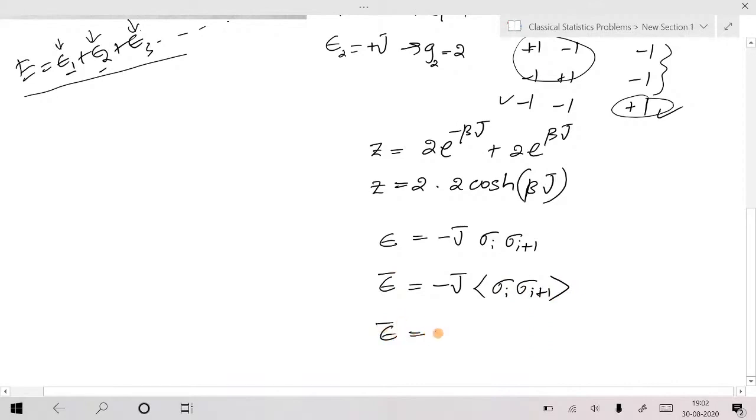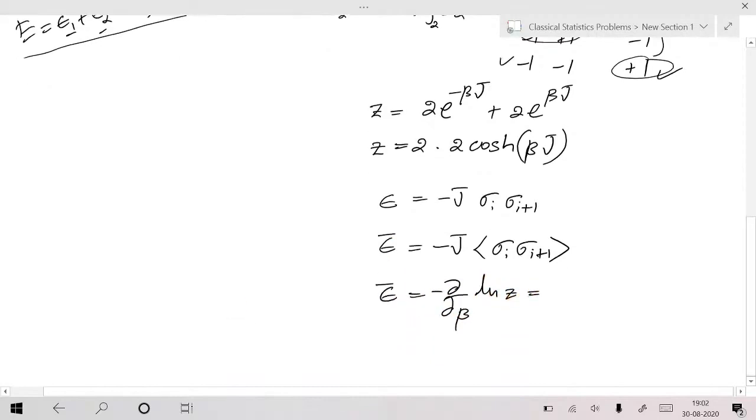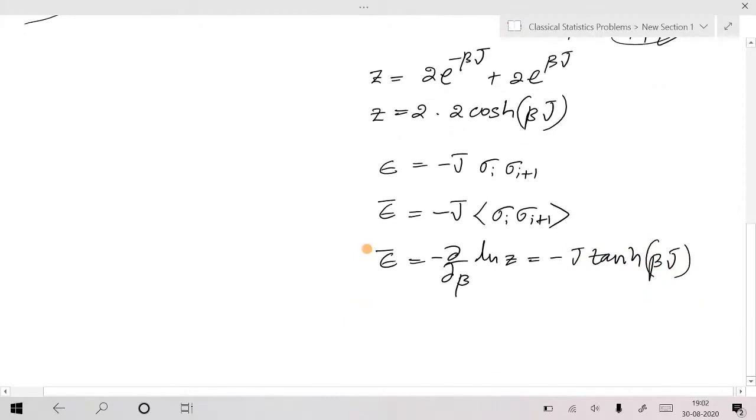I can calculate it by minus dou by dou beta of ln of z again, small z. That is equal to minus J tanh beta J. Just check it out.